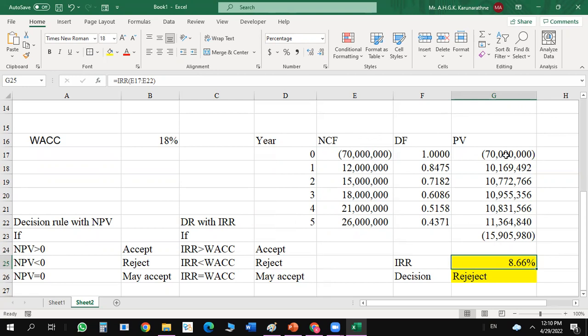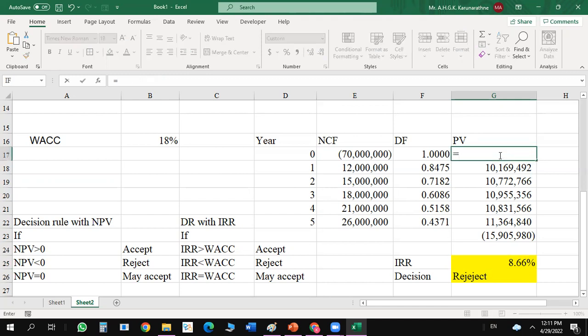We can compute NPV based on this IRR. You know that if it is correct, and you compute NPV based on this particular discount rate, your NPV should become 0. Let us test it. Percentage is the same. Okay, undo.